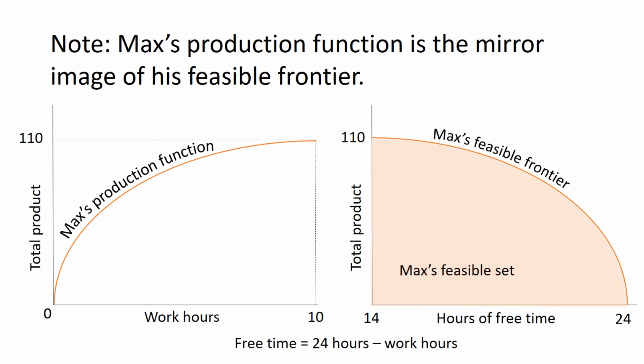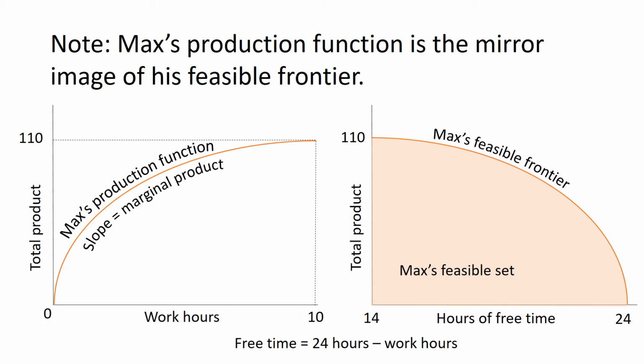The feasible set is all possible combinations of total product and free time that are achievable. The slope of the production function, as we already said, is the marginal product. But note also that the slope of the feasible frontier is simply the negative of the slope of the production function.